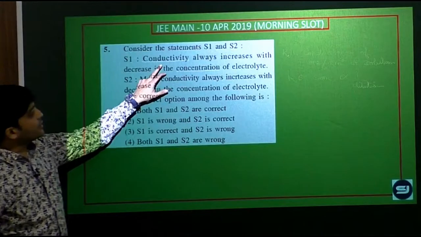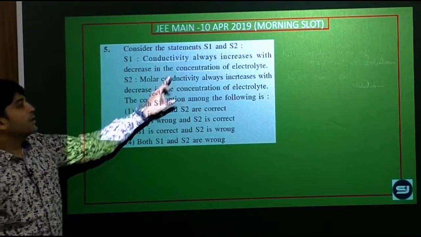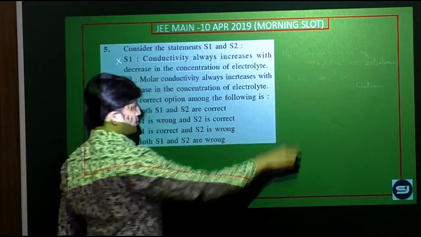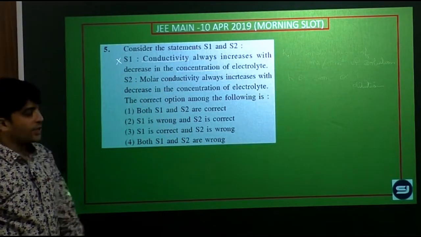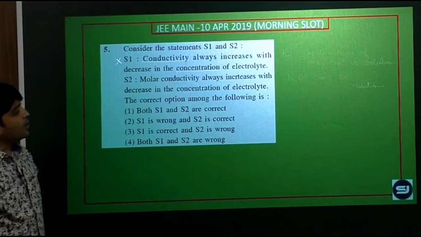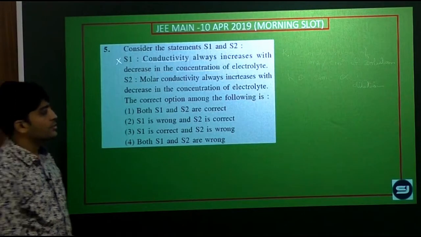What's given over here? Conductivity always increases with decrease in concentration. It's wrong, because conductivity will always increase with the increase in concentration. It's directly proportional. Let's move to the second statement. Molar conductivity always increases with decrease in concentration.